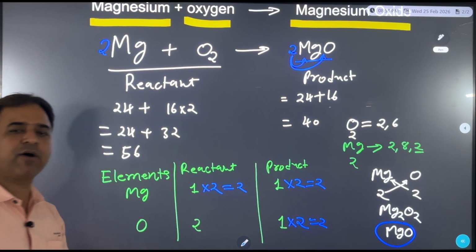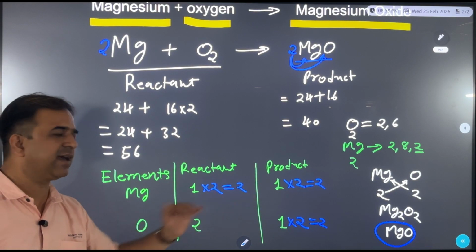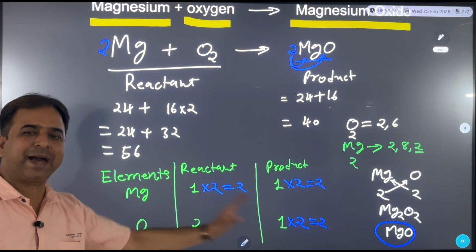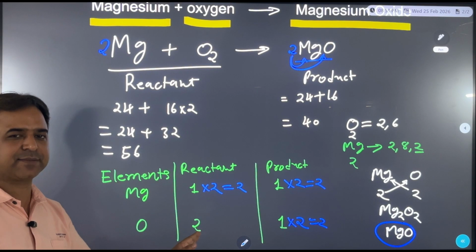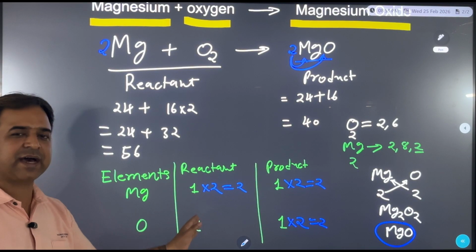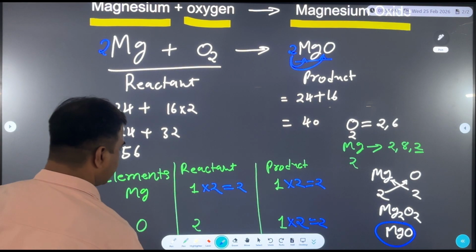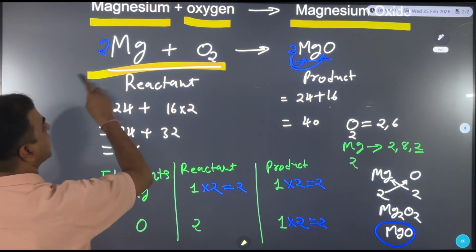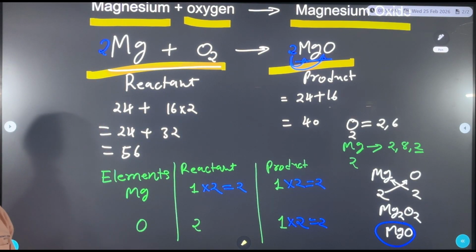You can see now on the reactant side as well as on the product side, everywhere it is balanced. All the atoms of different elements are equal in number.